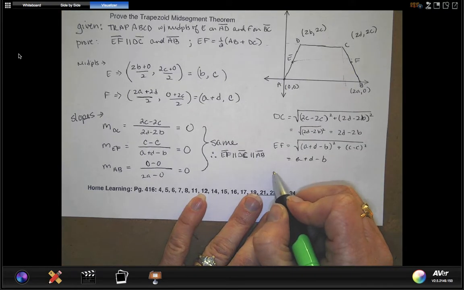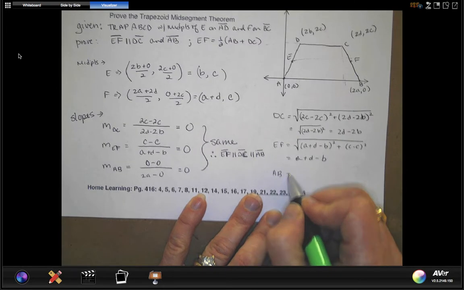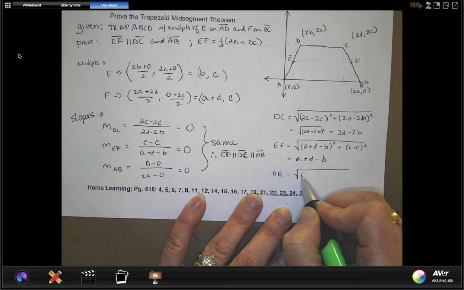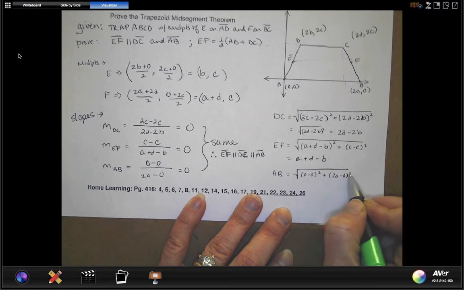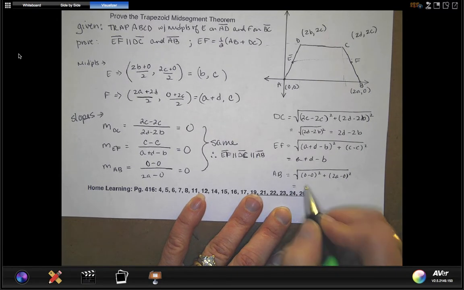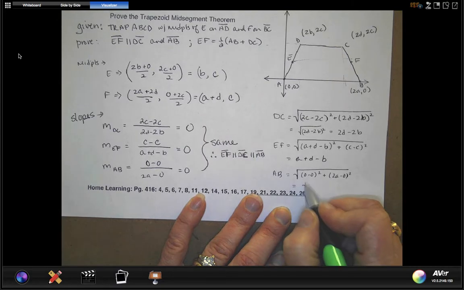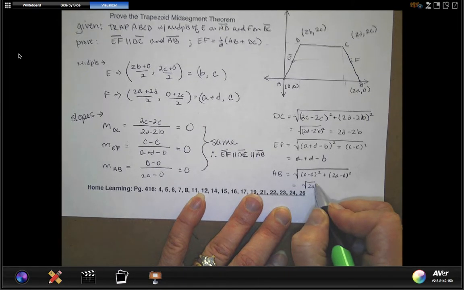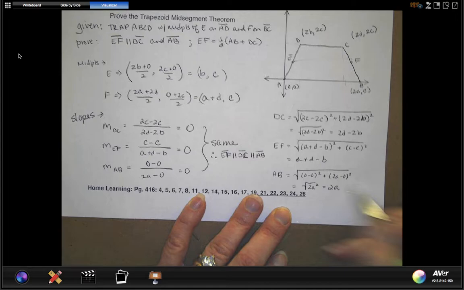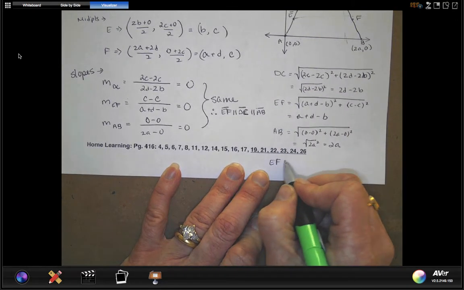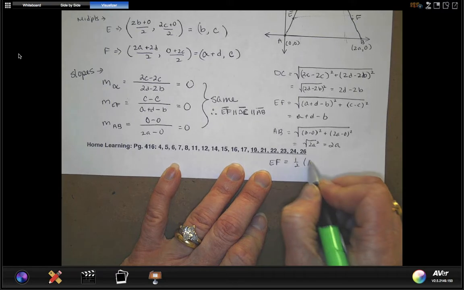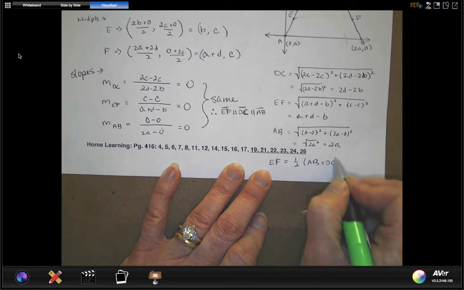And then AB, the last one, right minus left, 0 minus 0 squared plus 2A minus 0 squared. So we'd have the square root, this is gone, so we'd have the square root of 2A squared, which is just 2A. So then let me check here. EF is supposed to be equal to half of AB plus DC.